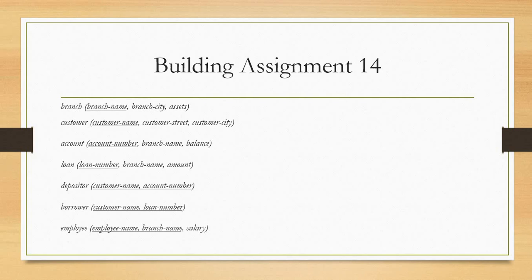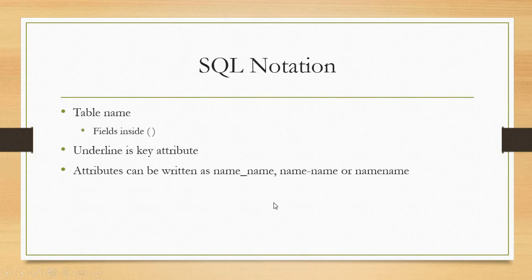You'll notice the underlines are important. They are usually set as the primary key, or in some cases, you may have multiple keys. So SQL notation, you have your table name with the fields inside the brackets.